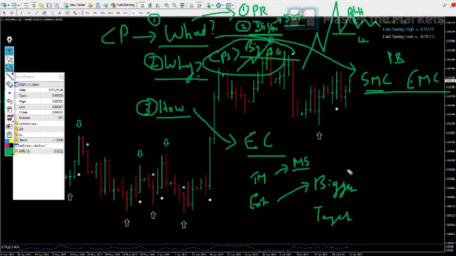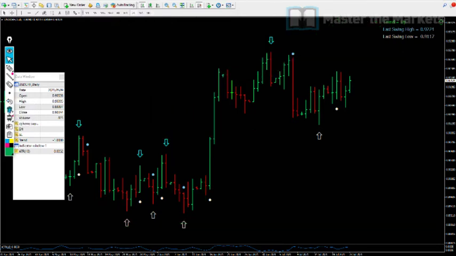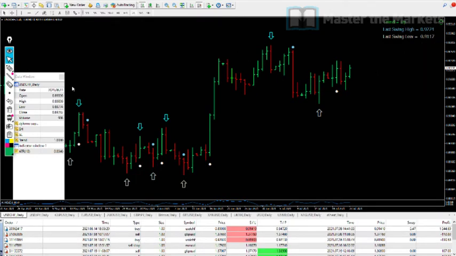Do reflect on that. Here you can see there's one good example on a compression phase where it broke out. We did capture this live as well here at Master the Markets. Now let me just show you that particular trade that we captured. There you go, that's the trade that we caught on dollar Swiss, 14th of June.